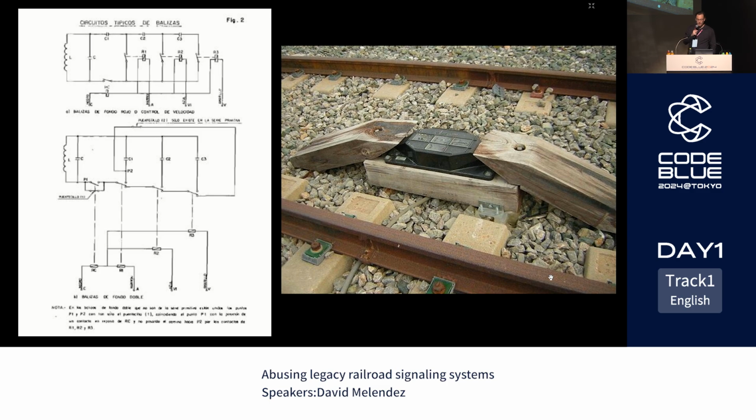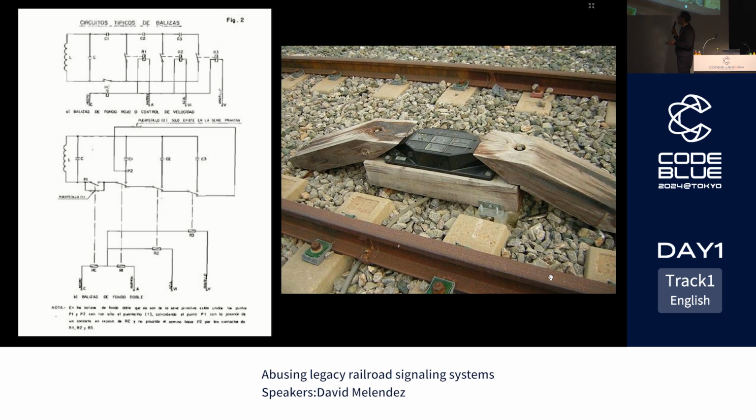So, how does the signal work internally? We have a track device, a beacon, which is an analog circuit. We have a coil inside the black box, a big coil connected to a capacitor in series.